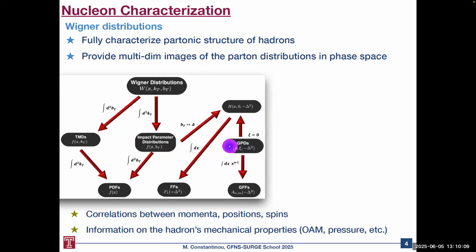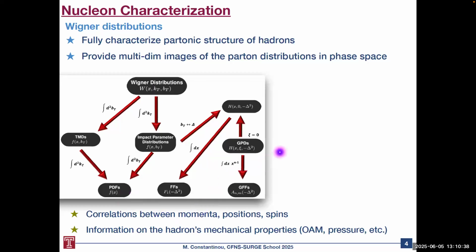If I integrate out the X dependence, I can get the momentum transfer squared. If I integrate out everything except the momentum transfer, I get the form factors. If I integrate out anything related to X and T, I get the PDFs, which only depend on the longitudinal.